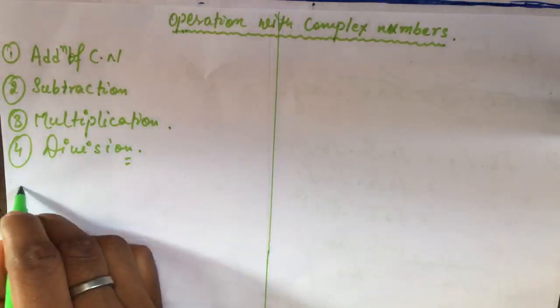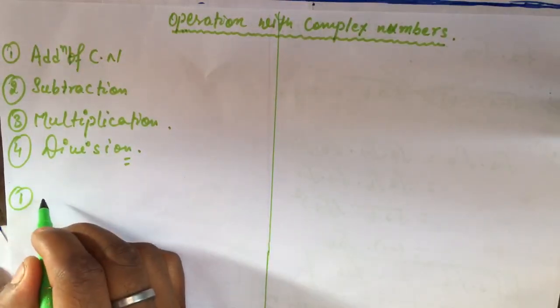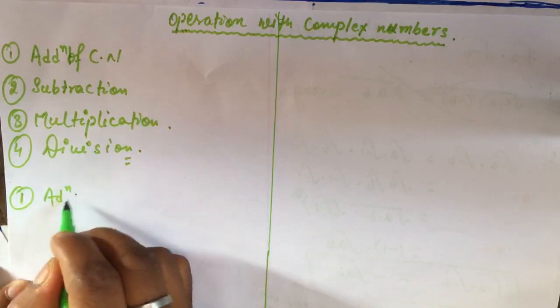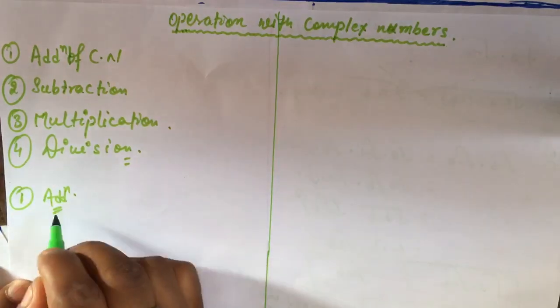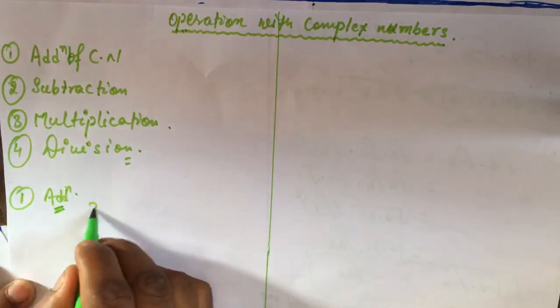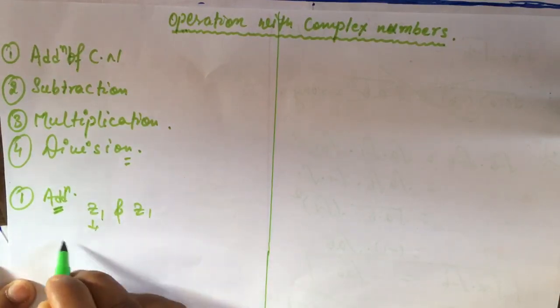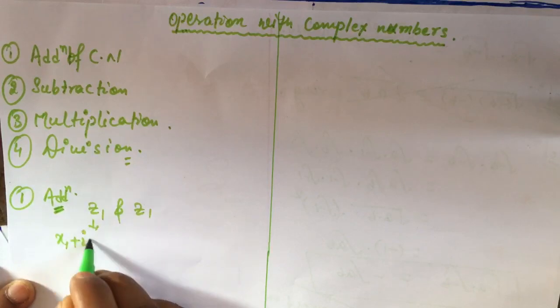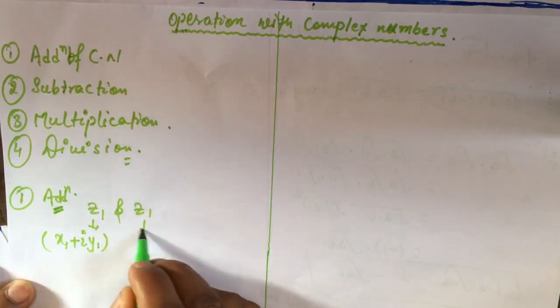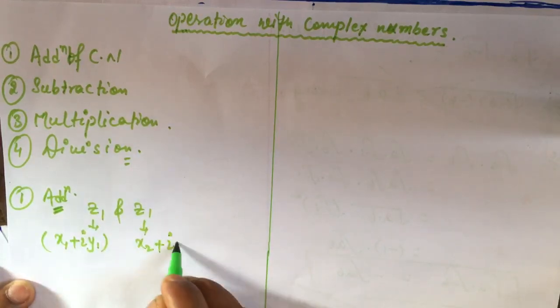So first one, let us look into the addition of two complex numbers. Suppose we have two complex numbers z1 and z2. Z1 is equal to, let us take x1 plus iy1, and z2 is x2 plus iy2.